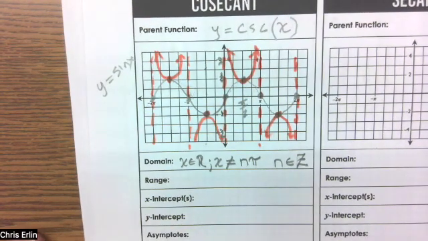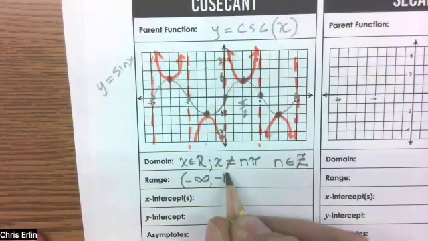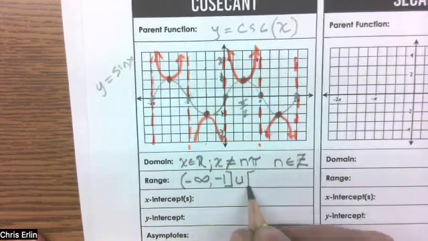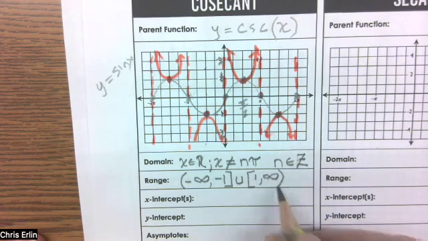What about the range? So we're going to go -infinity to -1 inclusive, union 1 to infinity.